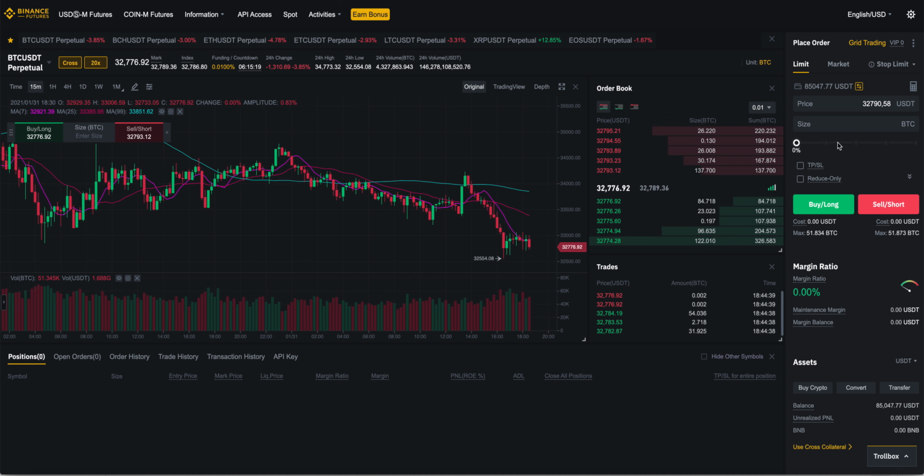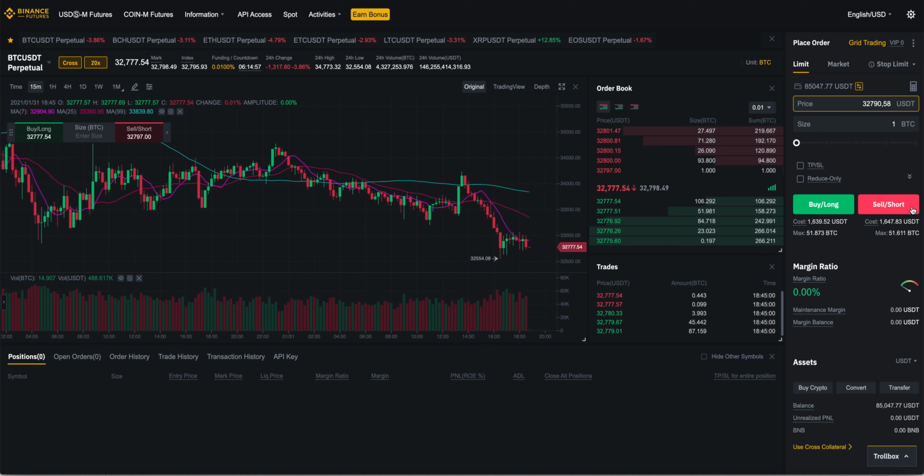you can create a long position, so a buy position, or a short position, so a sell position. As you can see here, you have the two terms clearly stated. For example, let's say I want to buy one Bitcoin. Let's check the price.